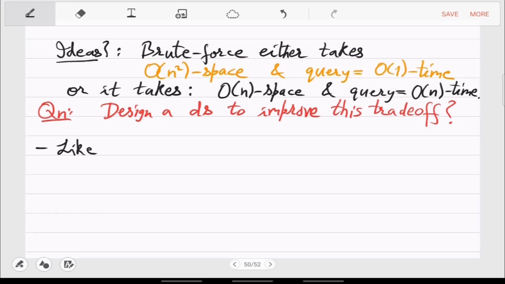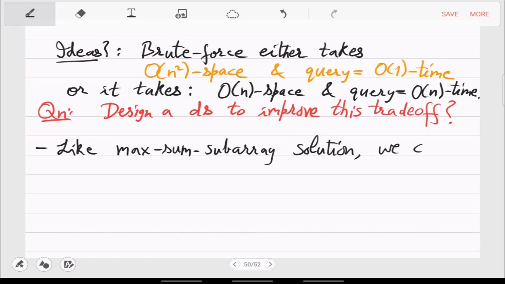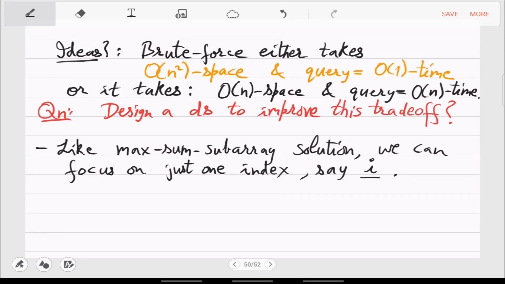So like in the max sum subarray solution, we can focus on just one subscript, one index. Say now we call it i. So what did we do in max sum subarray?